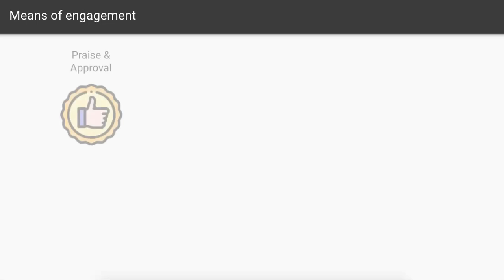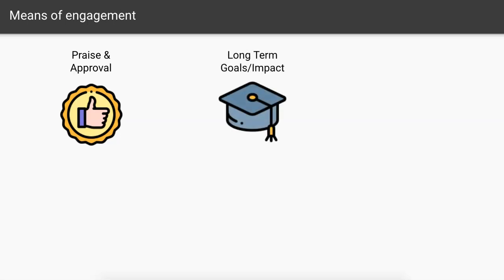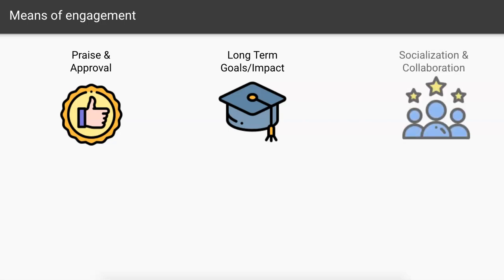Additionally, to summarize, you'll want to provide means of engagement through praise and approval for your students, through thinking about the long-term goals and impacts that you have in your course and how you're presenting them, and creating opportunities for socialization and collaboration, like we talked about through group work, peer feedback, and things like that.